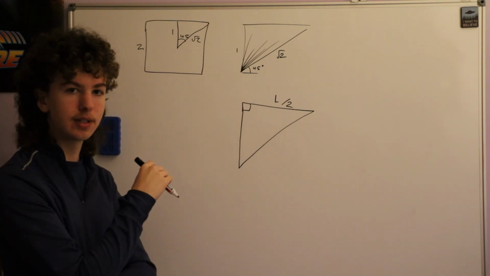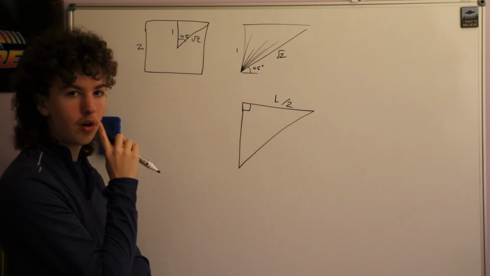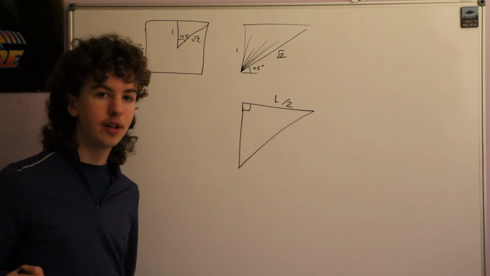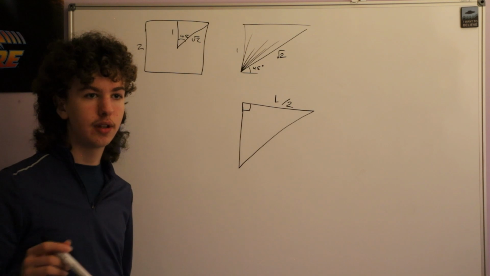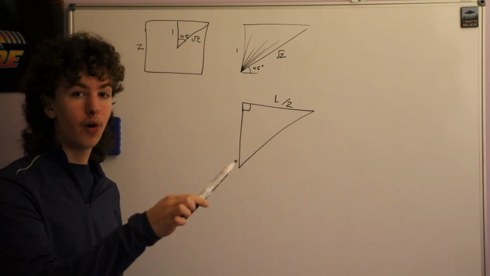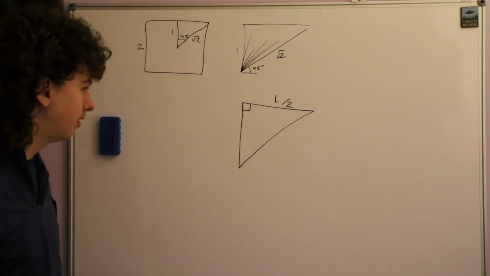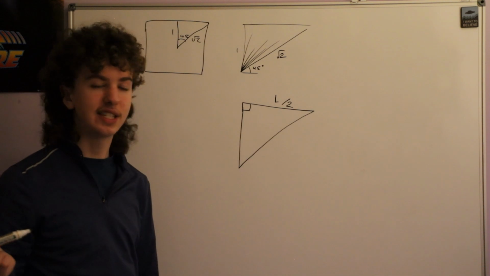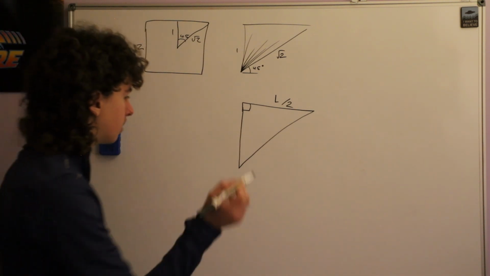So how do we express this angle in terms of n, how many sides we have? We know that for an n-sided shape, the angle for one edge is going to be 360 divided by n. But because we're halving it, we have to use 360 divided by 2n, or 180 over n.